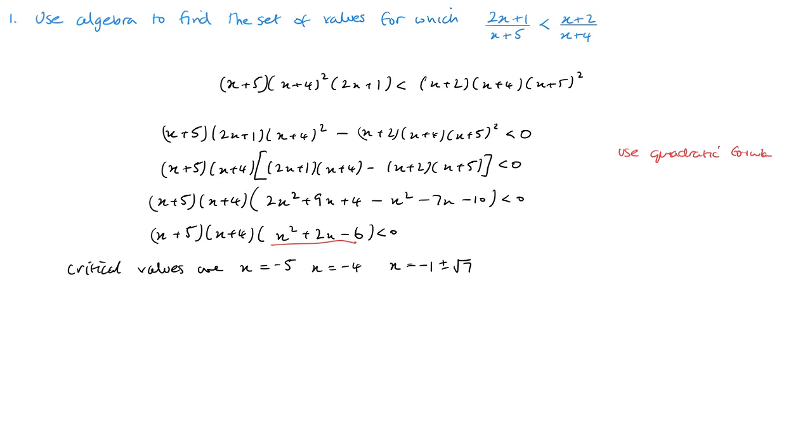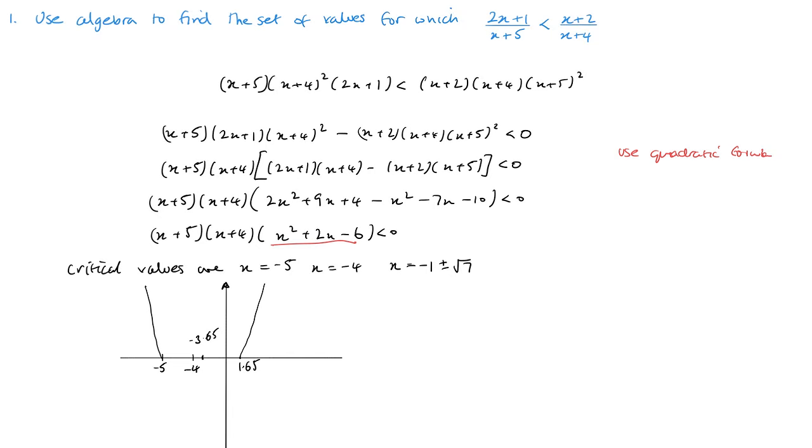Okay, now I can go ahead and sketch this graph. So it's a quartic. It's going to pass through these 4 points. Okay, so this one is -3.65 to 2 decimal places or 3 significant figures, and also 1.65 when I do the positive, minus 1 plus root 7. So it's a positive quartic, so it's going to be coming down this way and down this way.